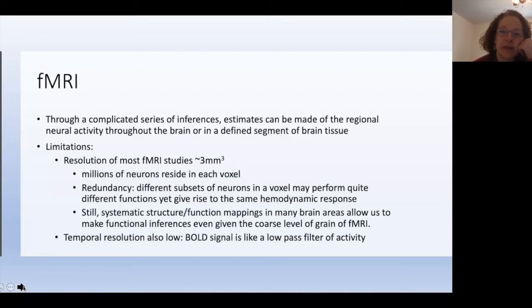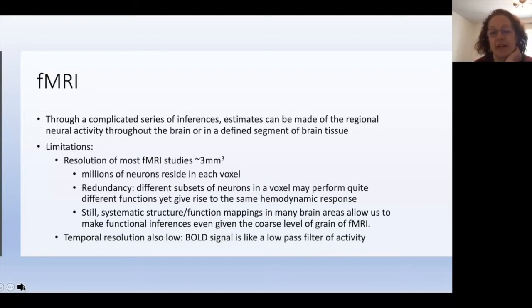Now, functional MRI is a wonderful technique because it allows us essentially for the first time to look at activity in normal, awake, behaving human beings without any kind of invasive measures. But it's also a limited technique in that it's both spatially and temporally limited. So there's a lower level of resolution spatially in functional MRI.